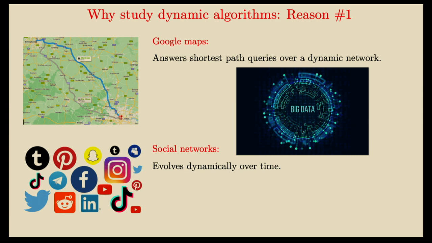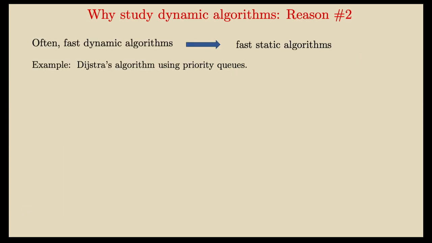Okay. The second reason to be excited about dynamic algorithms is that they are often used as subroutines inside fast static algorithms. A very simple example here is Dijkstra's algorithm, which uses priority queues as a data structure. And if you think about it, priority queues are nothing but a dynamic data structure.